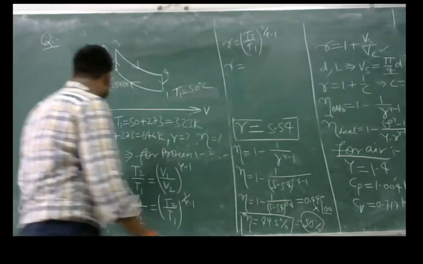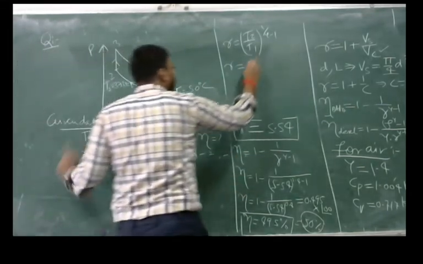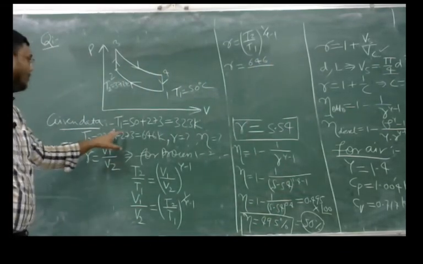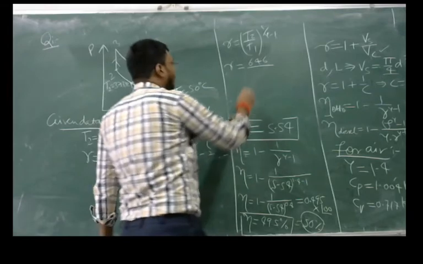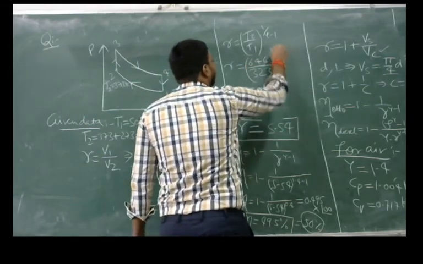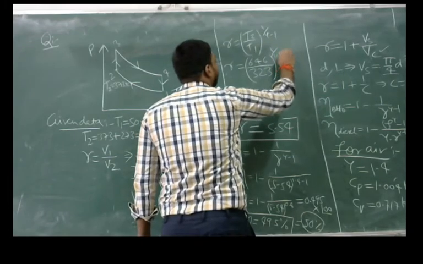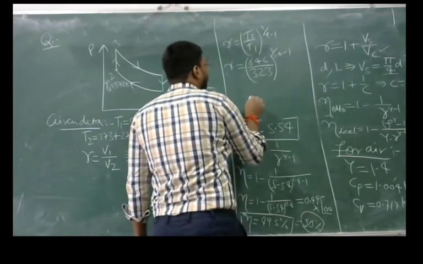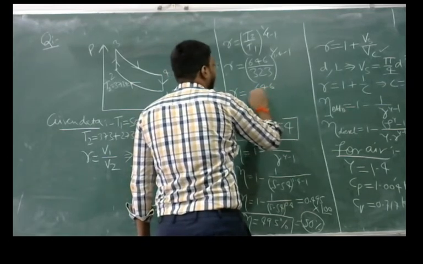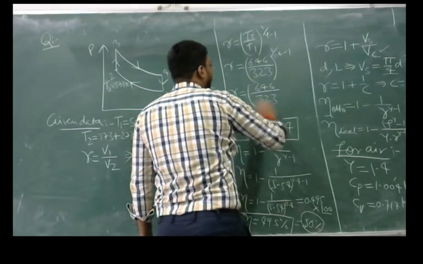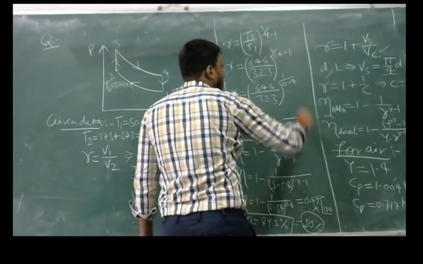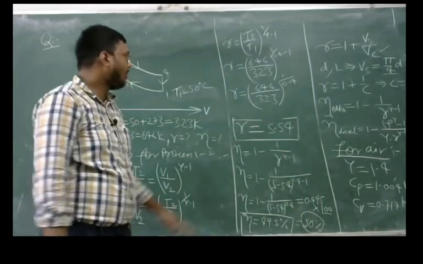T2 equal to 646, divided by T1 equal to 323 Kelvin, to the power 1 by 1.4 minus 1, which means 0.4.